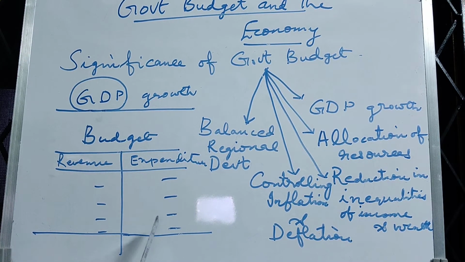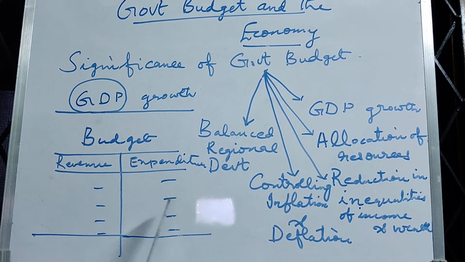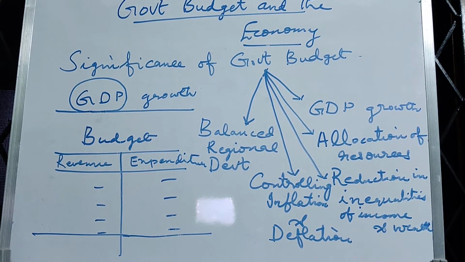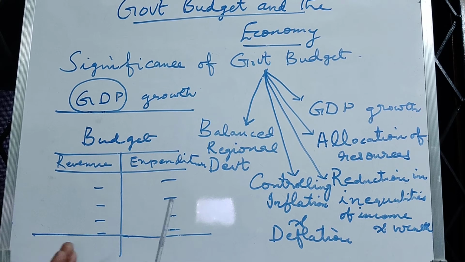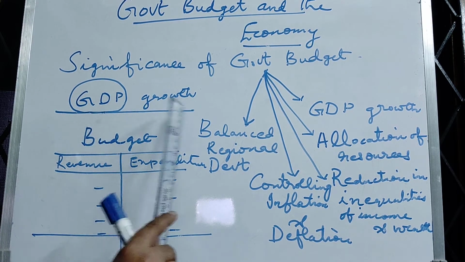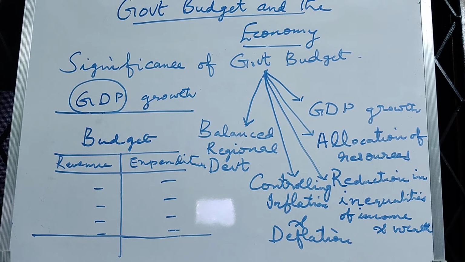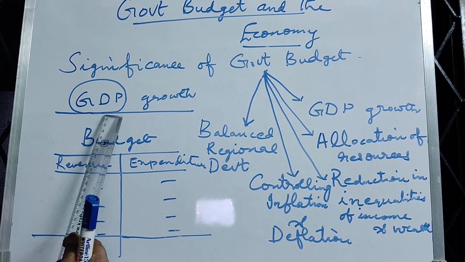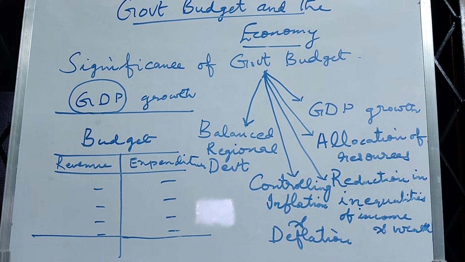By including these kinds of expenditure in the budget, the government is promoting production in the economy. When the production of agriculture and industries increases, it contributes to the GDP growth of the economy.